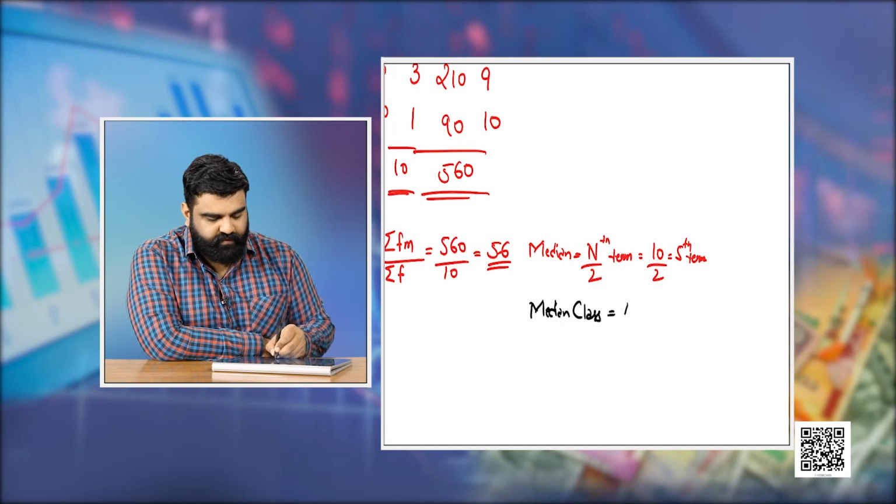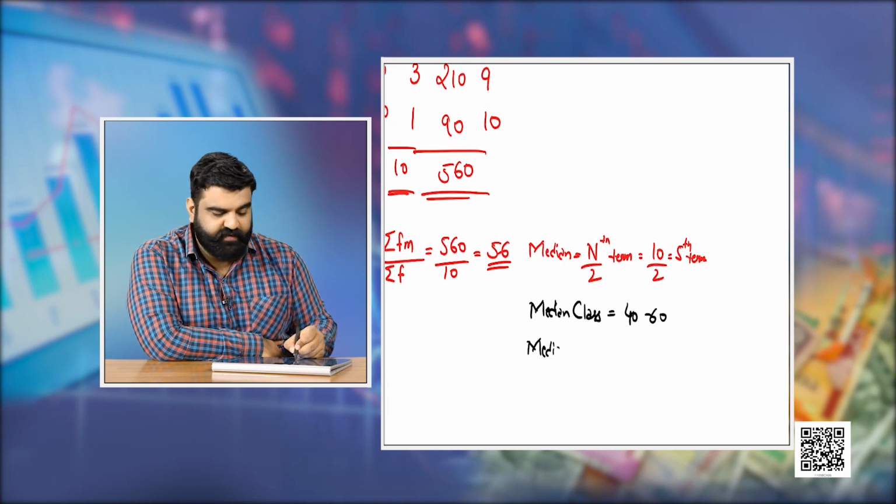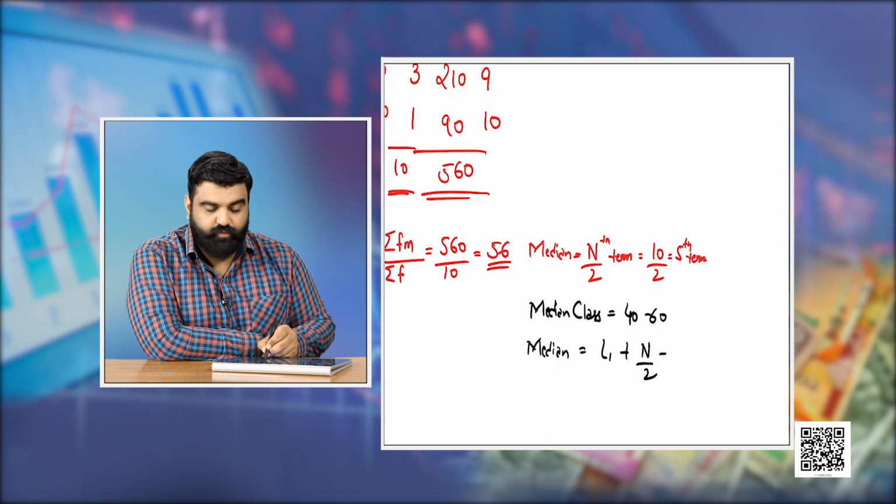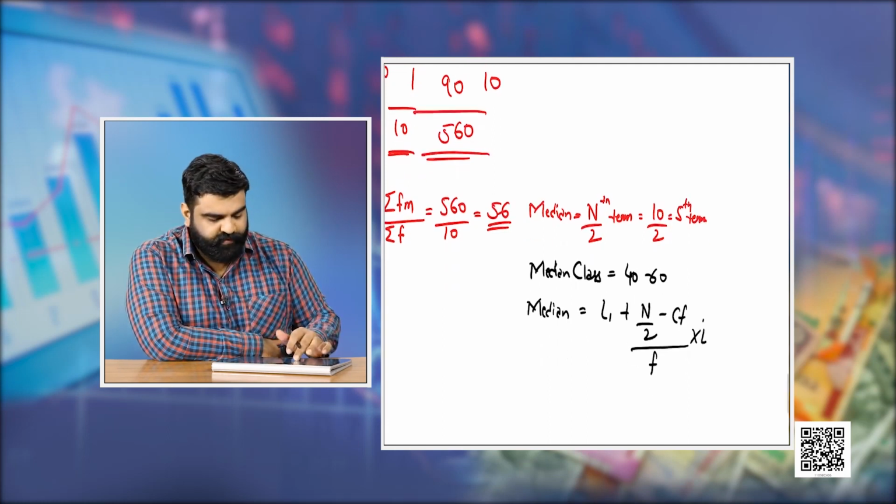So, let us locate the median class, which is 40 to 60. Now, let us apply the formula for median, which is L1 plus n by 2 minus Cf upon f into i.